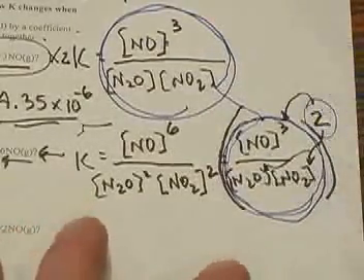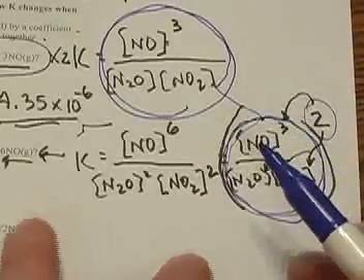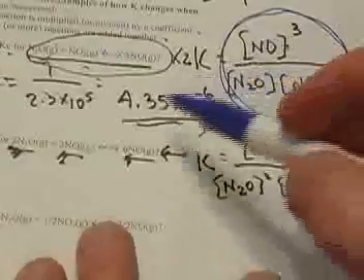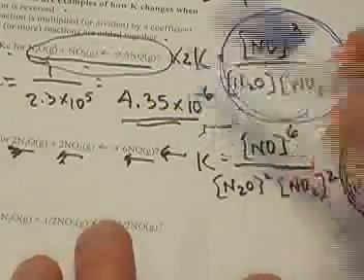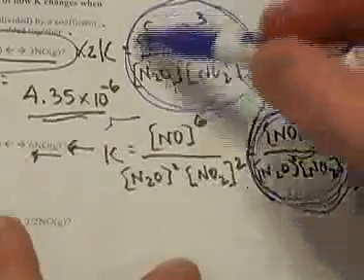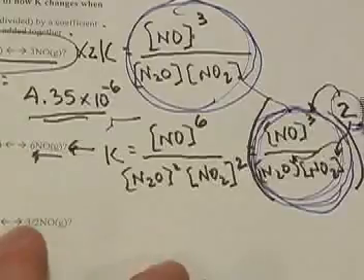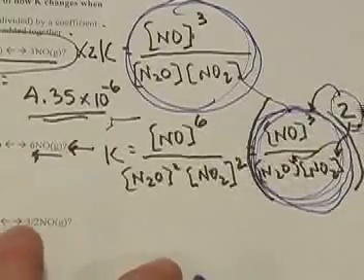So what that means is if you multiply a reaction by some number, in this case we multiplied it by 2, you simply take the equilibrium constant, which I'm circling in blue right here, and raise it to that power. So if you multiply a reaction by something, raise it to that power.